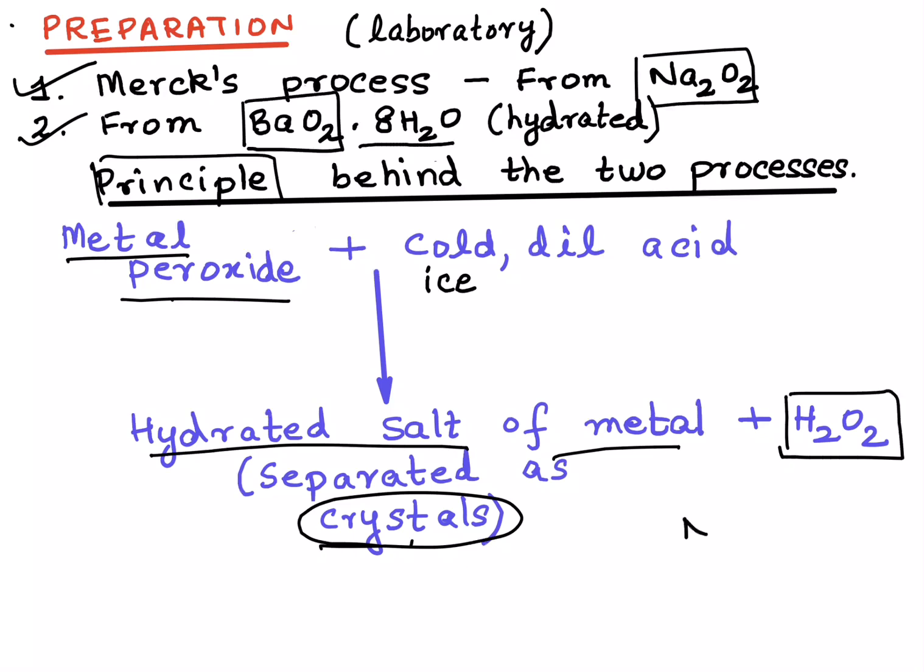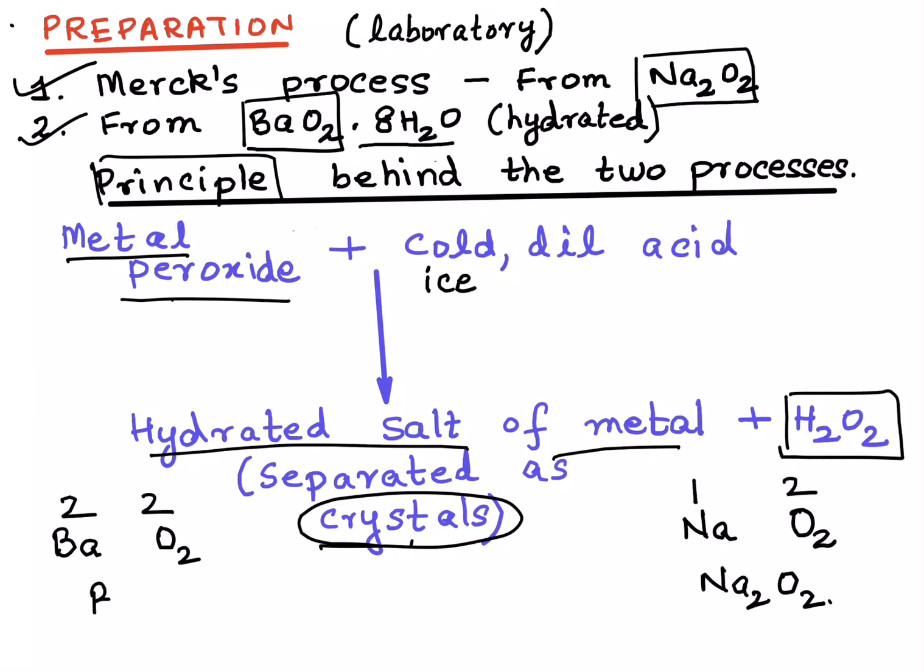See how we write the formula. Sodium peroxide: peroxide is O2, sodium valency 1, peroxide valency 2. So the formula for sodium peroxide becomes Na2O2. Whereas for barium peroxide, barium valency 2, peroxide valency 2.